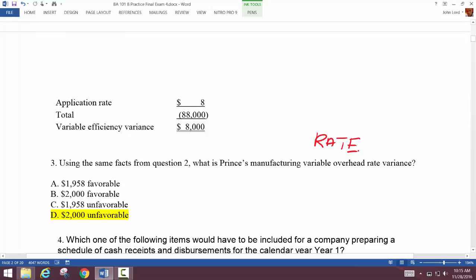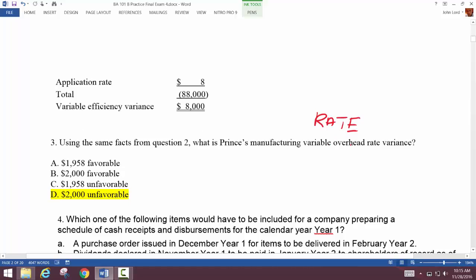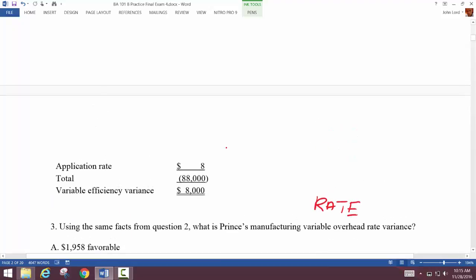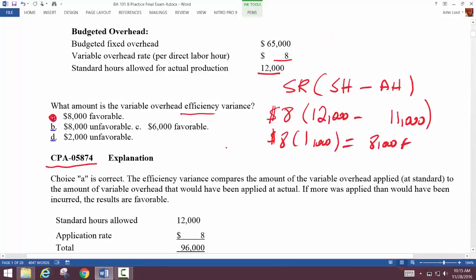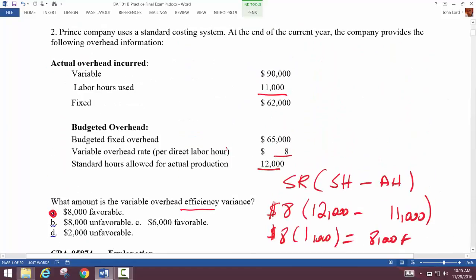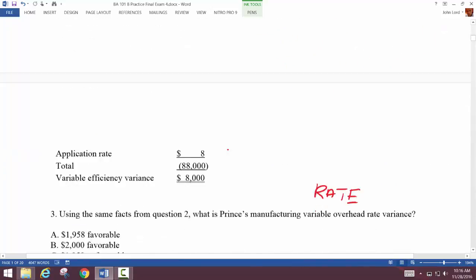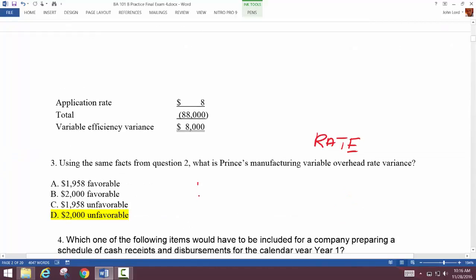Okay, good. So let's try this one then. If I'm doing the rate variance, it's going to be the actual hours. Actual hours were what? 11,000. So it's the actual hours of 11,000. And then it's going to have to be what?